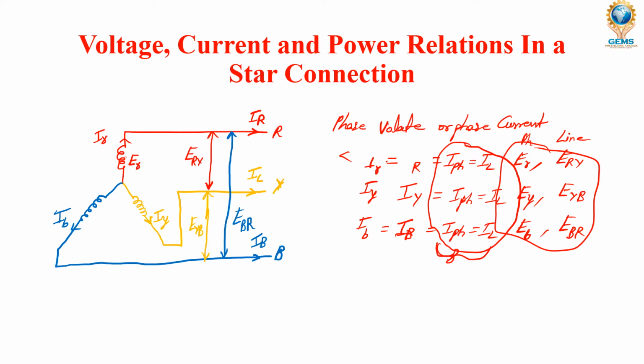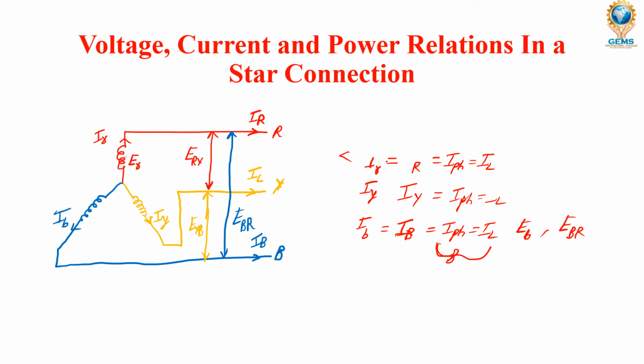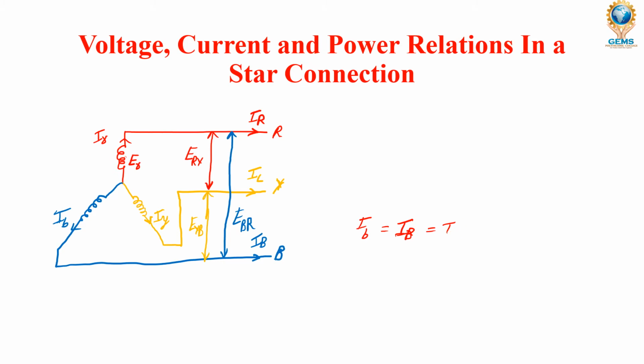Now if you see the phasor diagram, the phasor diagram will be like this. This is the R phase, and this is Y phase.